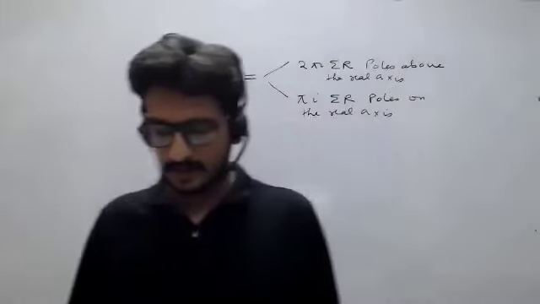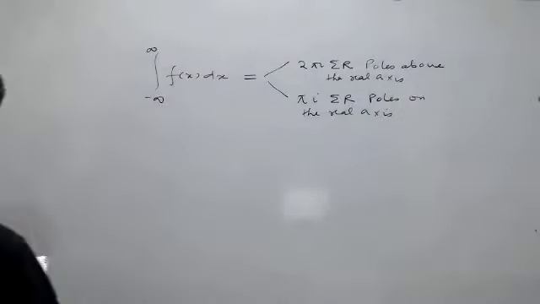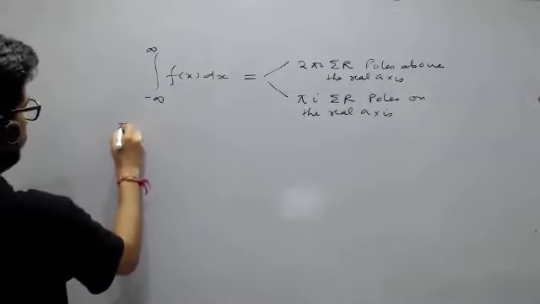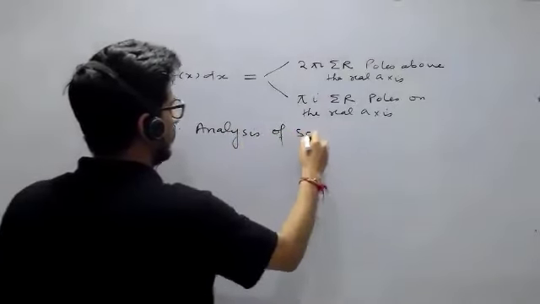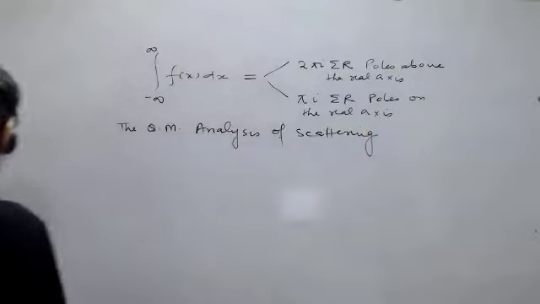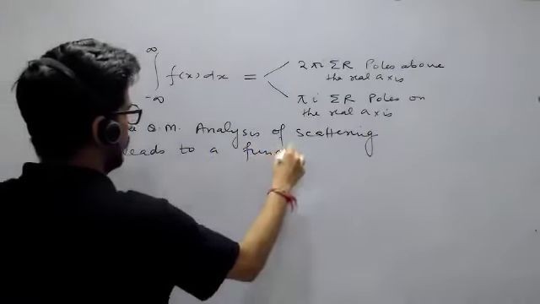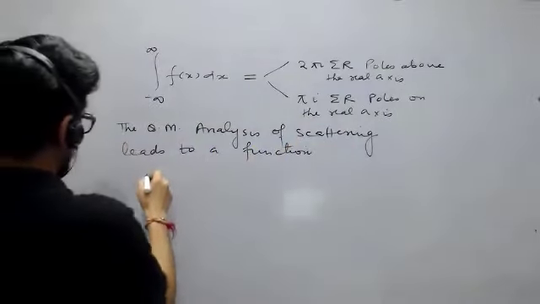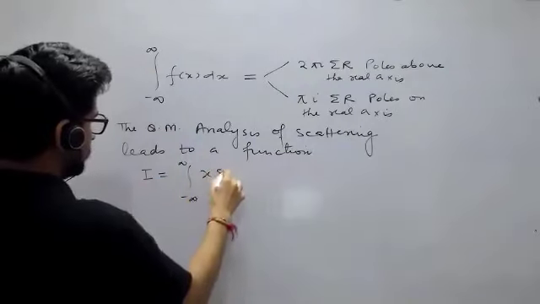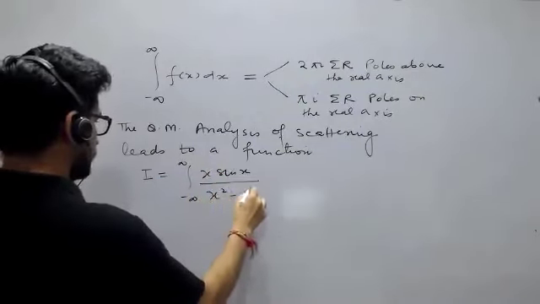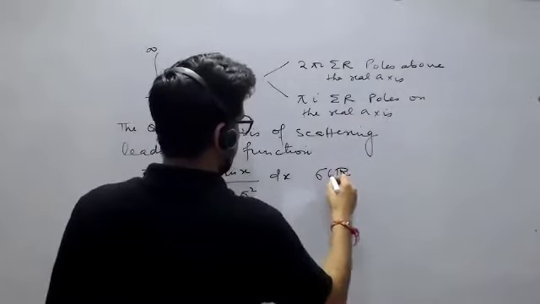Please note down the quantum mechanical analysis of scattering leads to a function I is equal to integral minus infinity to plus infinity x sine x over x square minus sigma square dx, where sigma is some real and greater than 0.